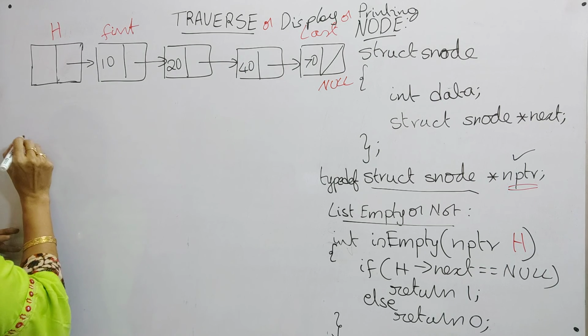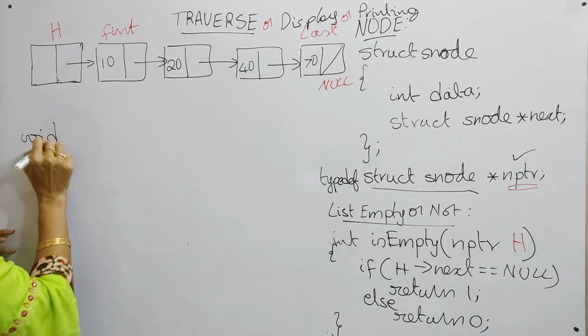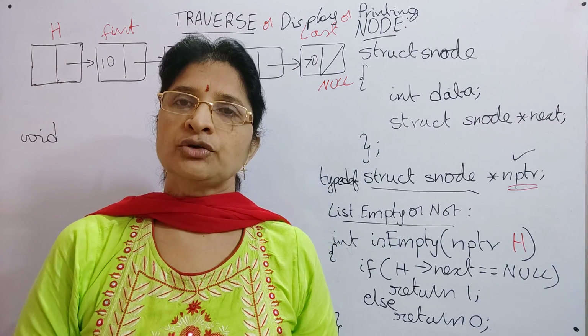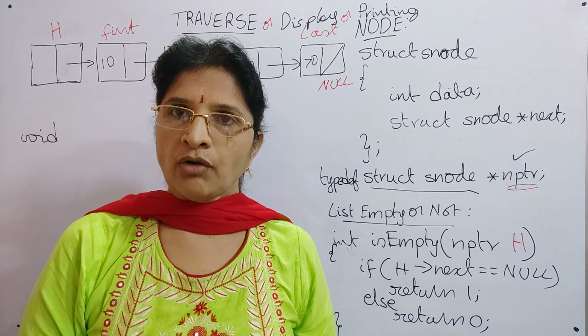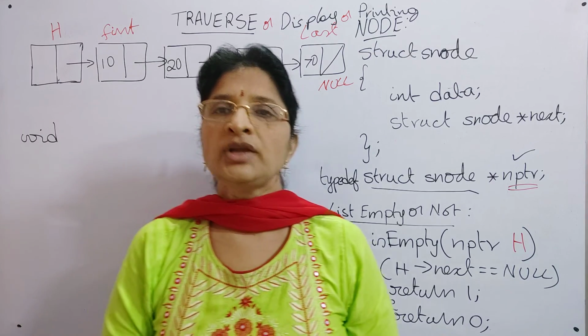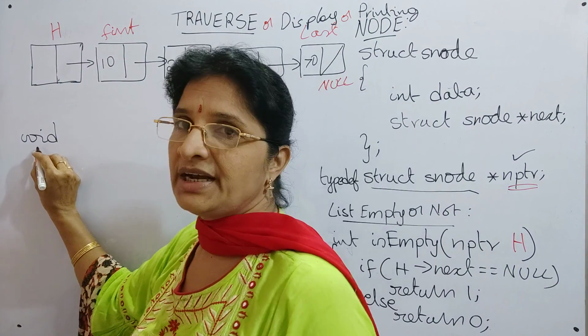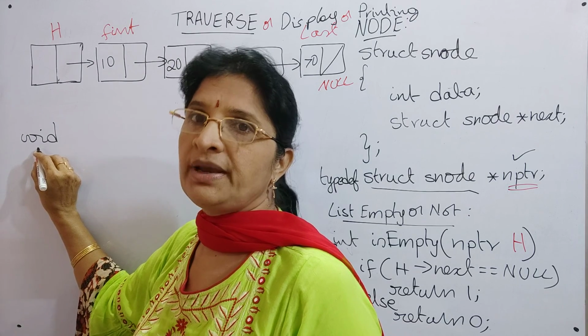So what will be the return type? Here the return type will be void, because I just have to traverse through each and every node and print the value in the data part of that particular node. That's all. So the return type will be void.